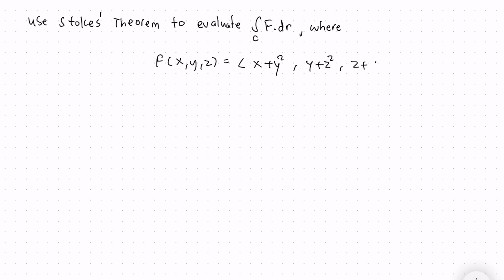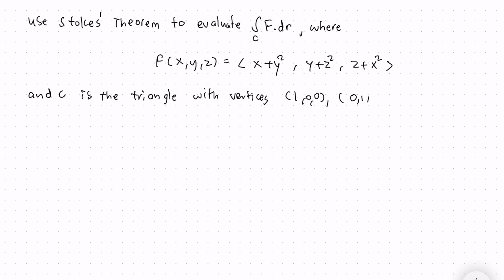So in this example we are asked to compute the path integral of F dot dr. Use Stokes theorem to evaluate F dot dr, where F is given in x, y and z, around a simple closed path.